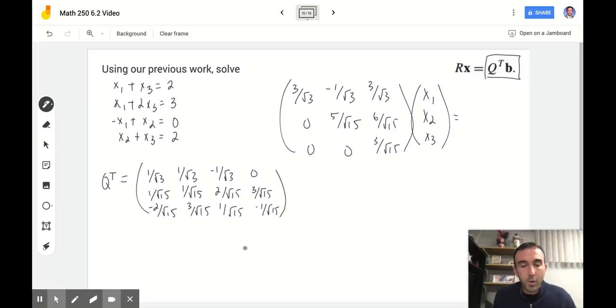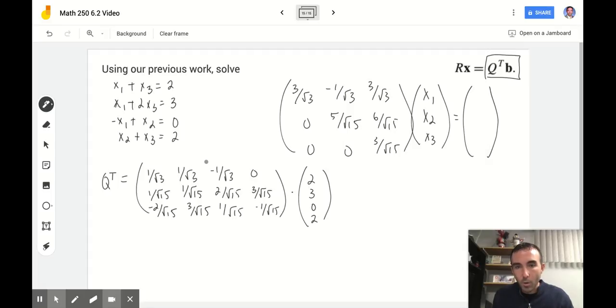All right, so there's our Q transpose. Next, we want to multiply this by matrix B. So that gets multiplied by 2, 3, 0, 2. And then once we figure out what those are, we just join that right back up here.